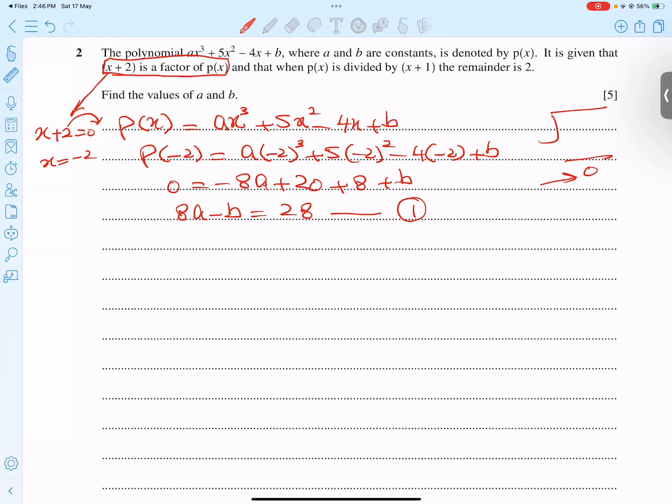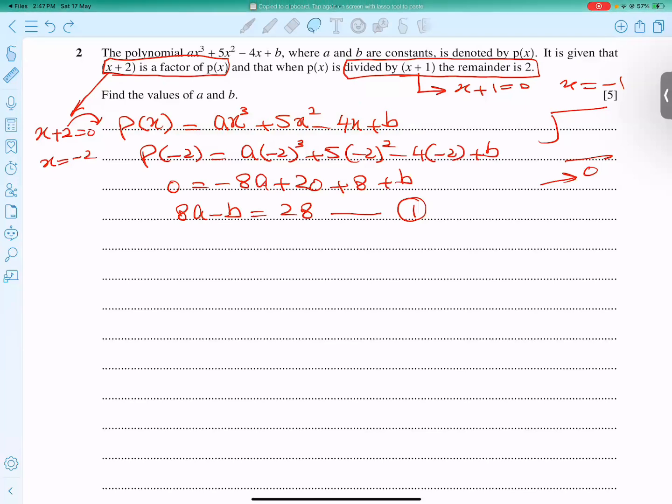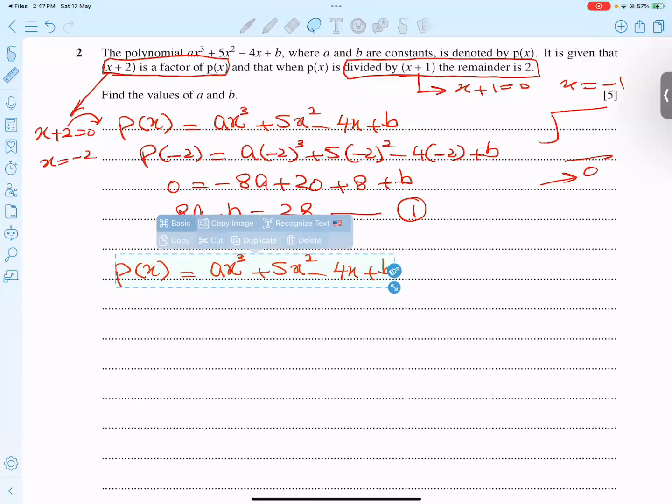So after this, what to do? Go for the second part. He said when divided by this, the remainder is this. So this time, I will set this equal to 0 and I got x equal to minus 1, but the remainder is 2. So I will again copy paste the equation. Done.